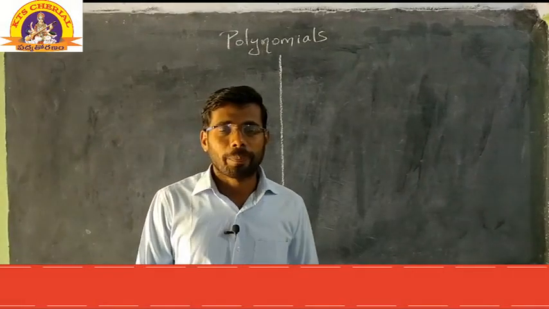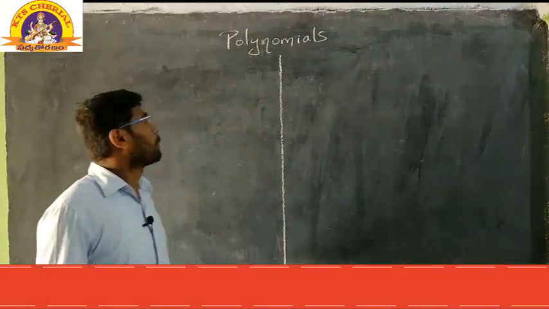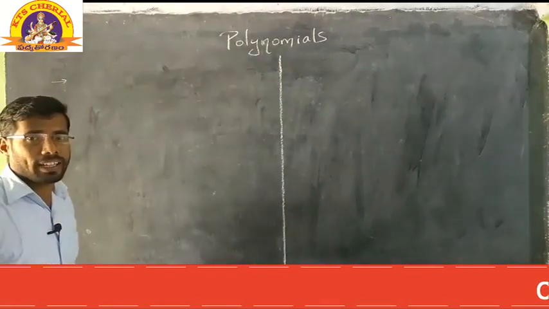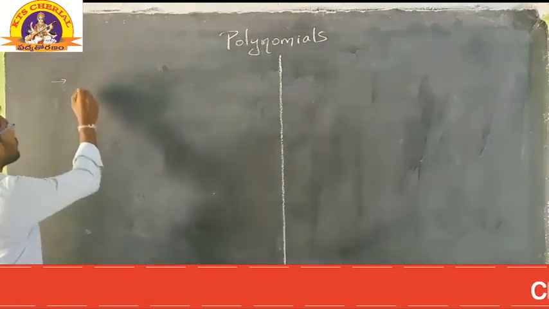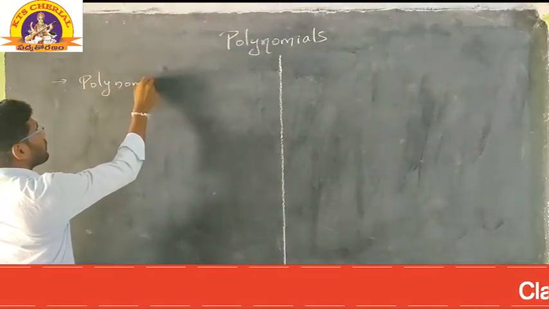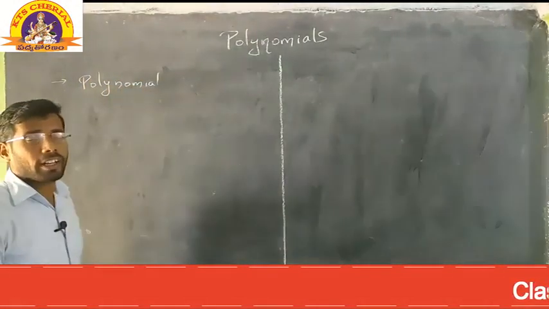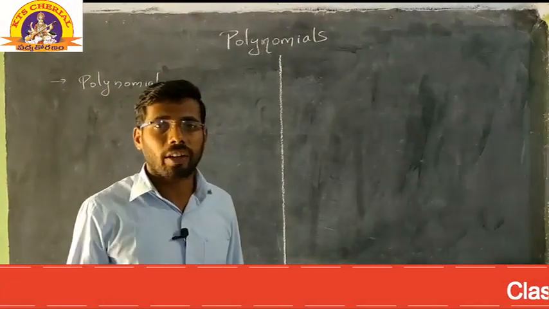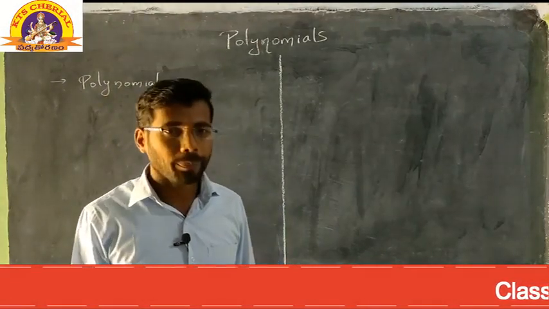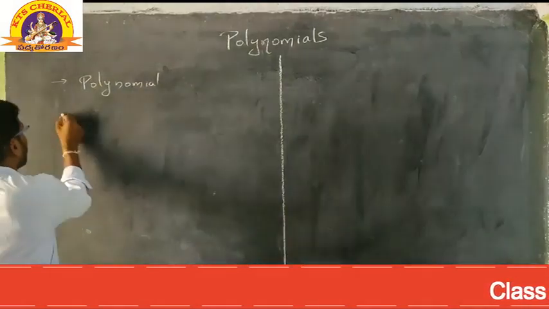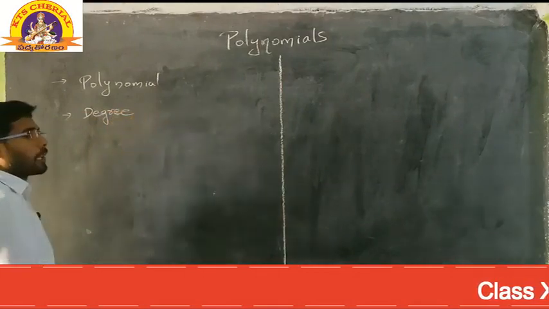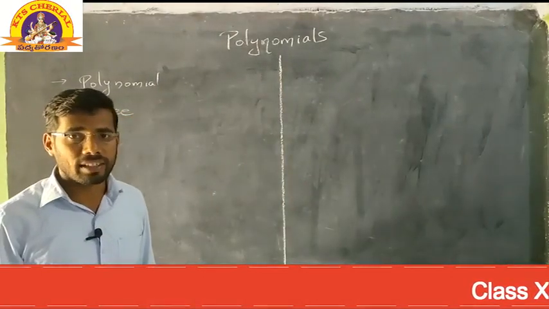Good morning, students. In polynomials, in the previous class, I explained that an algebraic expression whose variables' powers are non-negative integers is called a polynomial. I also explained degree: the highest power of the variable is called the degree.